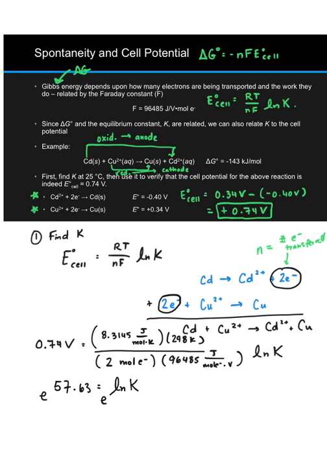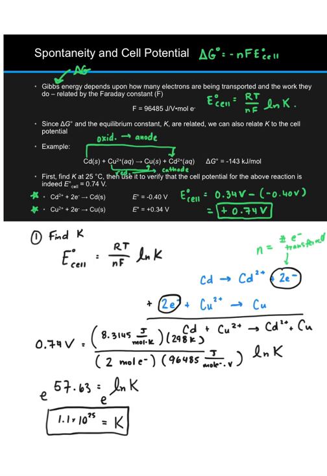E to the natural log of a number just gives us back that number. E to the 57.63 is a huge number. It's something on the order of 1.1 times 10 to the positive 25th power. That's gigantic, and that's what we would expect for an equilibrium constant for a very spontaneous reaction, one with a very largely negative value of delta G.